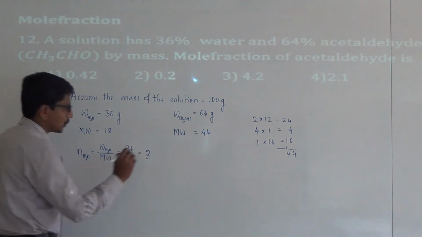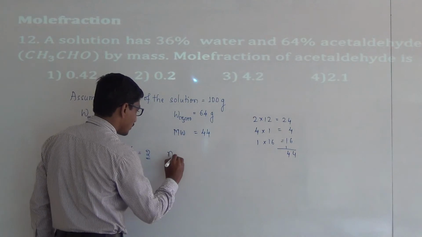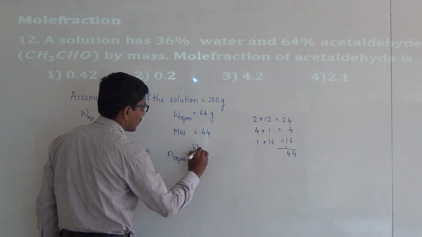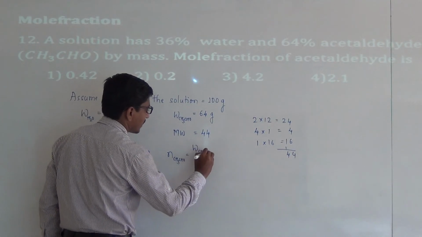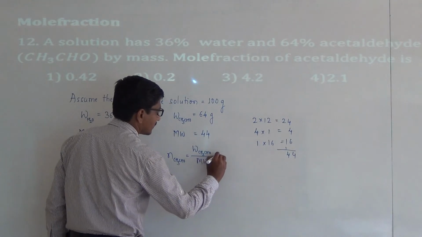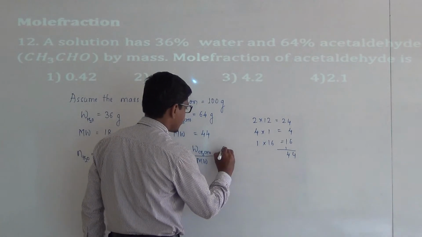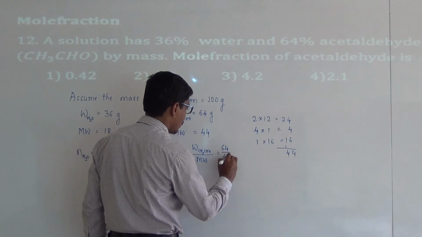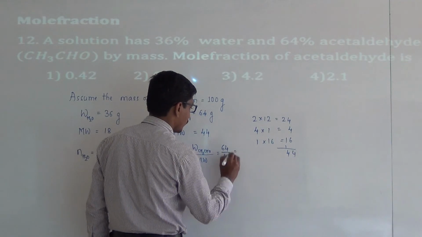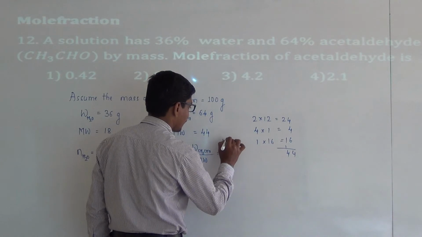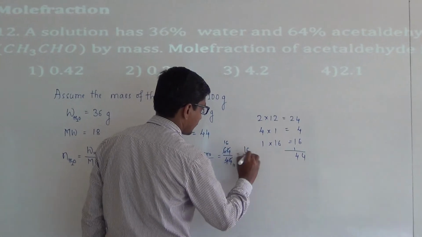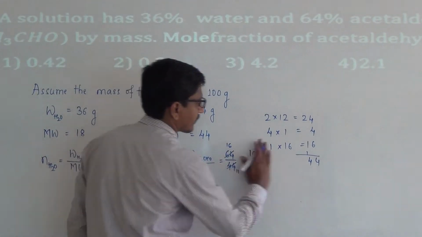Number of moles of water is 2 and number of moles of acetaldehyde is weight of acetaldehyde by molar mass of acetaldehyde. This is equal to 64 by 44. This one is 4 11s are 44, so 16 by 11.